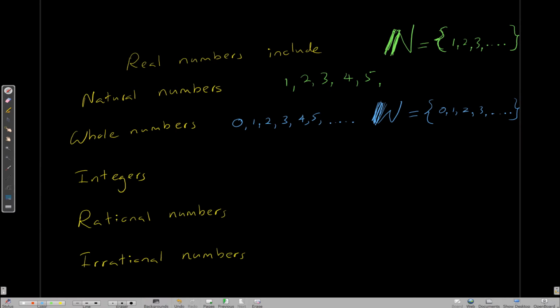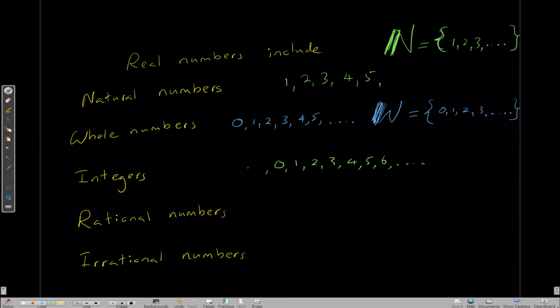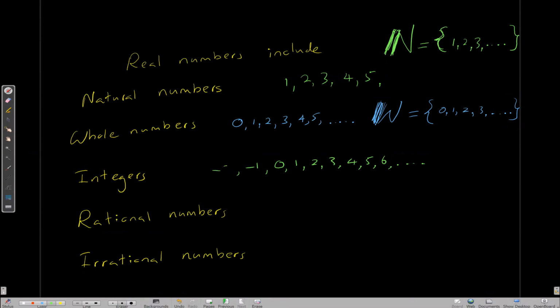Integers. Now integers is much larger than whole numbers. Okay, let me first write whole numbers: 0, 1, 2, 3, 4, 5, 6, and so on. For integers, you also have negative numbers. So negative 1, negative 2, negative 3, and so on. We use the notation Z with again a double line like this.